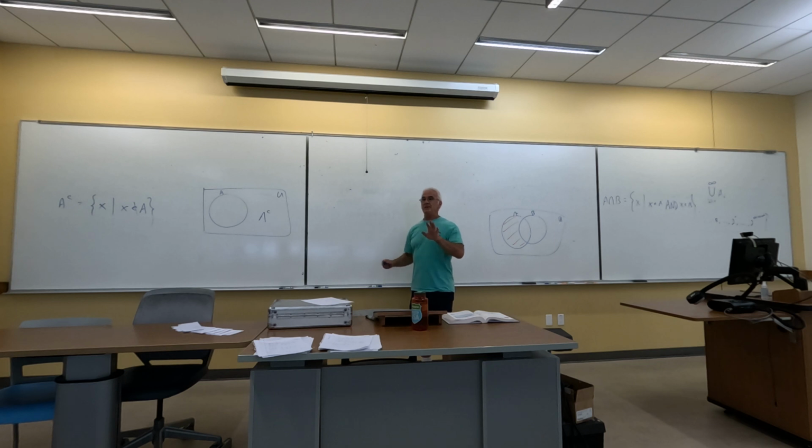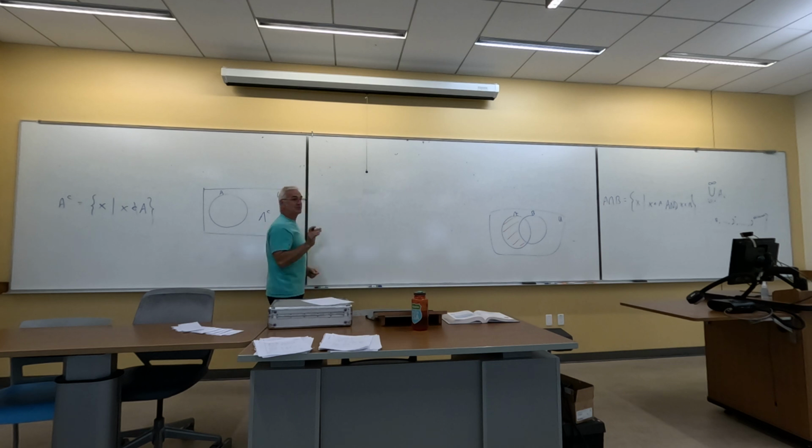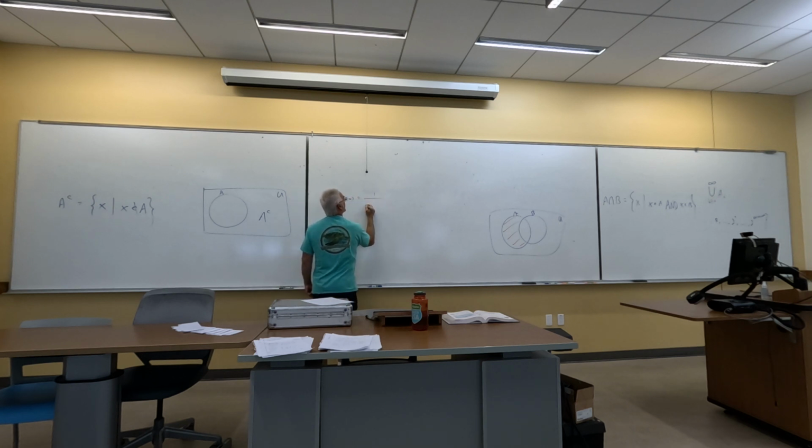In remedial algebra, and again, I want to show because the notations are so similar and we've used different ones before, I have f of x equals 1 over (x minus 1)(x minus 2). And I want the domain.